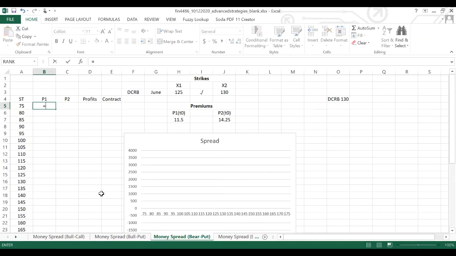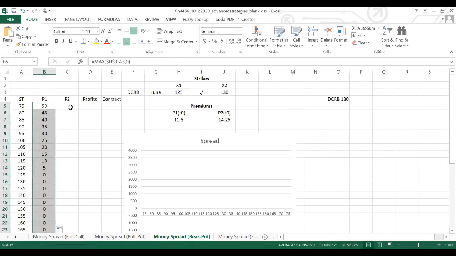But let's get the intrinsic values just like that first. Intrinsic value will be max of strike price 1. This is P1, right? And let's lock this cell, minus the stock price, or 0. And then we can scroll this down, and that's it.